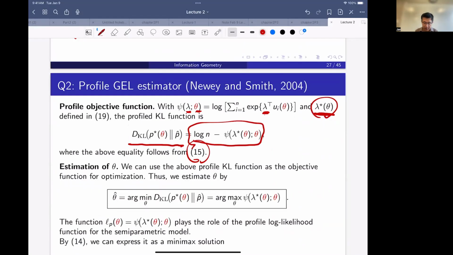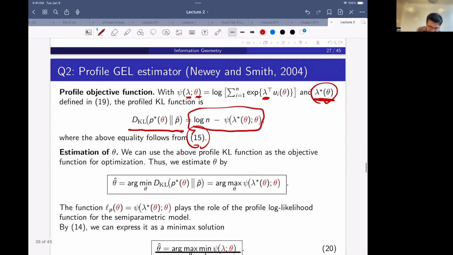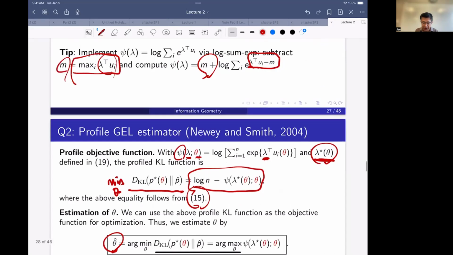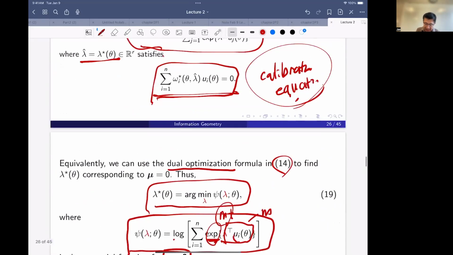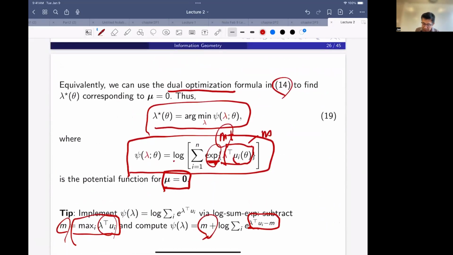And so we need to find the minimizer with respect to theta. So this is basically our estimator.